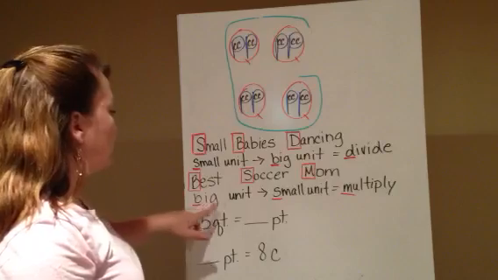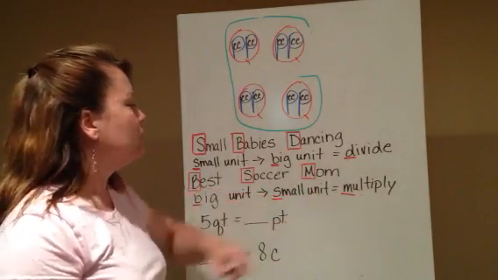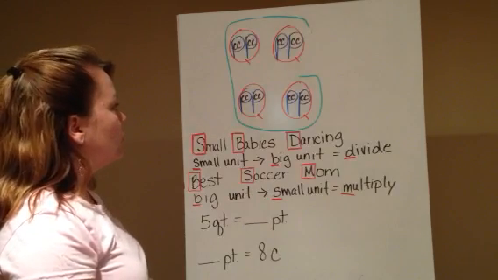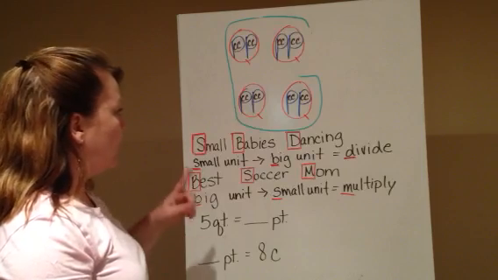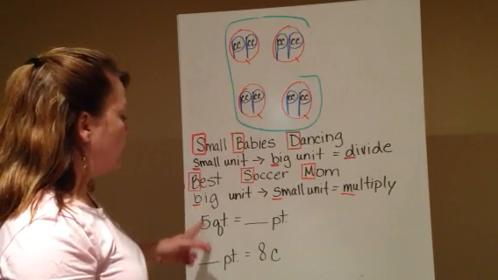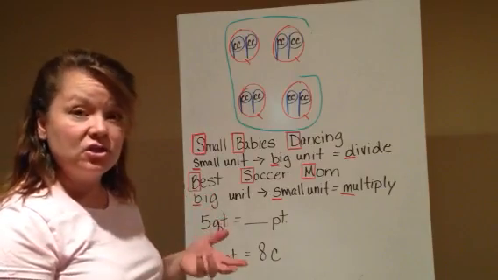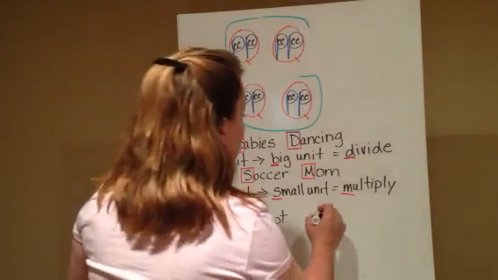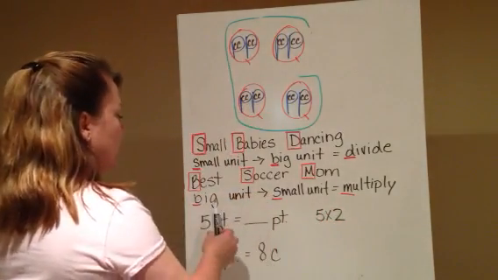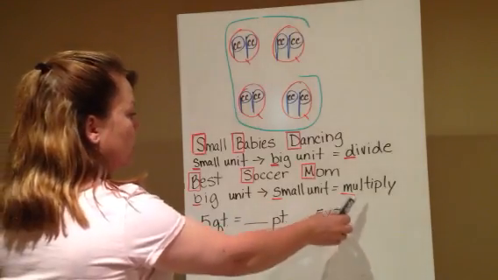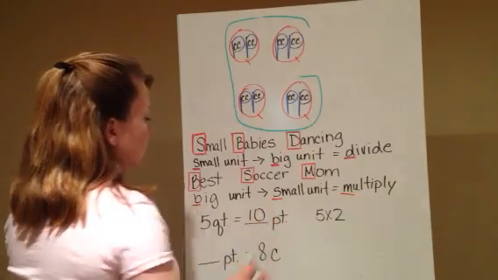So we're going from a big unit to a small unit. That means we're going to multiply. So I have 2 pints in 1 quart, and if I have 5 quarts, I'm going to take this 5 times 2. So off to the side, I want to be thinking 5 times 2 because I'm going from a big unit to a small unit. I'm going to multiply. That's going to be 10 pints.